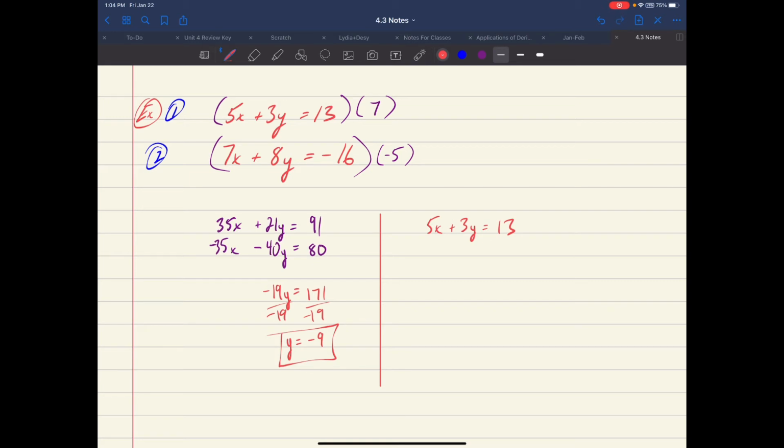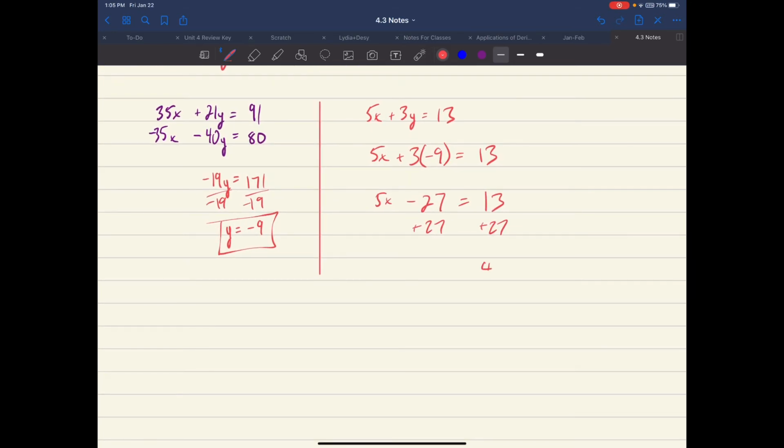So we just go 5x plus 3 times negative 9 equals 13. And so 5x minus 27 equals 13. Add 27. And we get 40 equals 5x. So x is 8. And so the solution to this system is 8, negative 9.